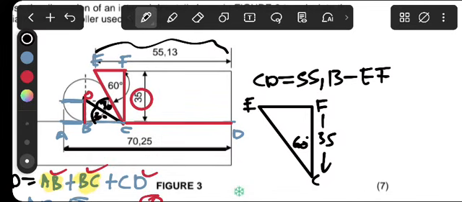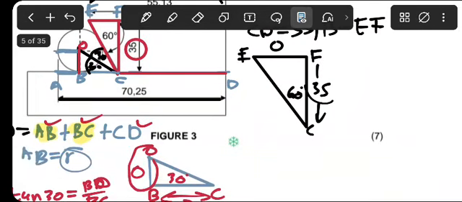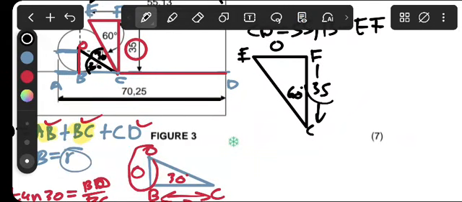Here we have opposite and adjacent. This is simply what tan will use. Tan 60 degrees will be equals to the opposite over the adjacent. What will be the opposite there?